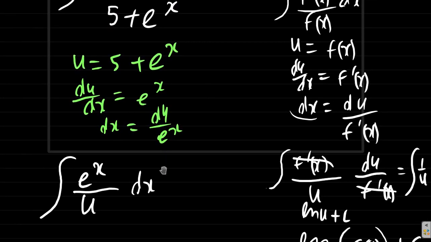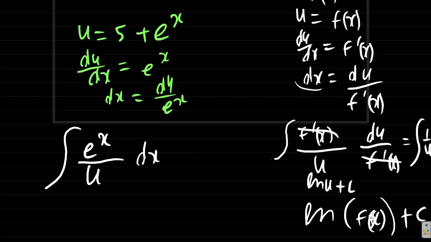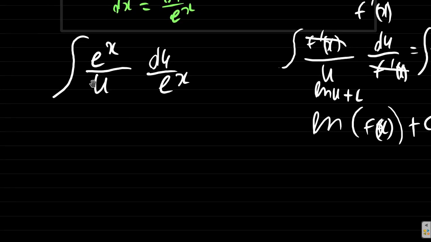What you want is a function of u du. So this is dx. Now you want to replace it with du over e to the x. So you have du over e to the x. Notice what happens here now. e to the x cancels e to the x. Alright?